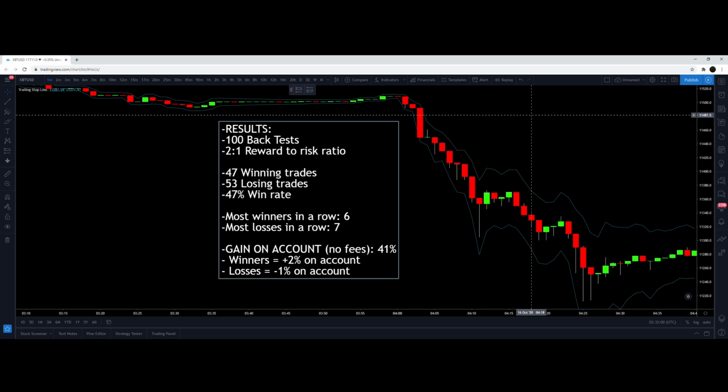So with this strategy, it really performed well on the 1 minute time frame for Bitcoin. Very similar results to the 30-minute time frame, euro, pound. So what could be improved here? Well, the losses in a row needs to be brought down.